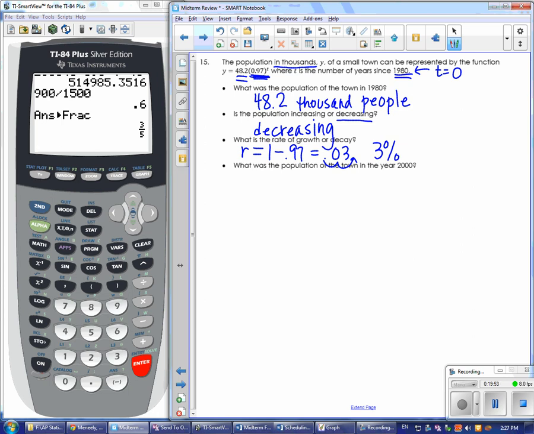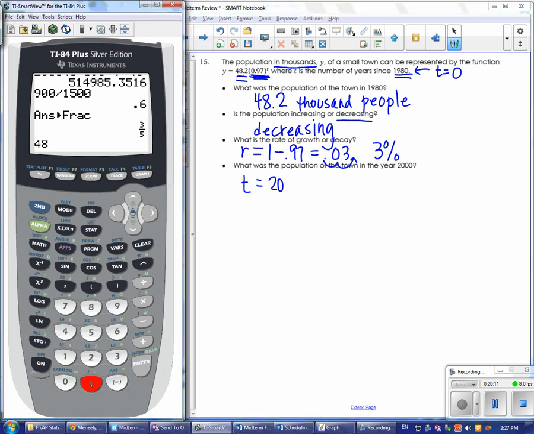The last bullet says, what was the population of the town in the year 2000? Again, I don't want to enter 2000 into my calculator because I started at 1980, and 2000 is simply 20 years later. So I'm going to let t equal 20, and I'm going to go ahead and enter my equation into my calculator.